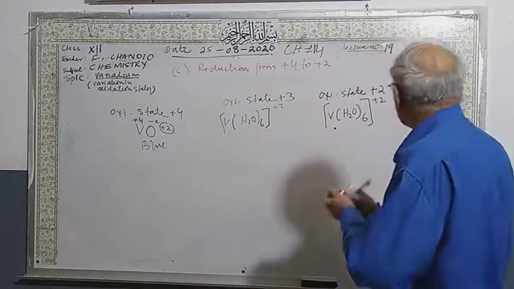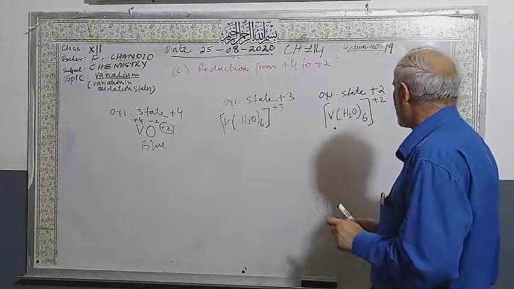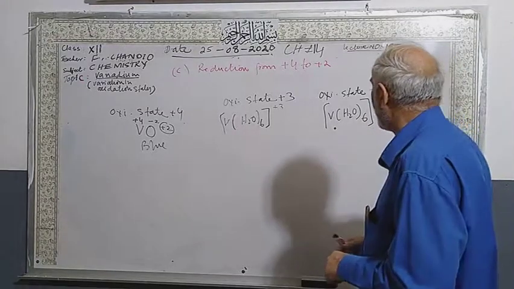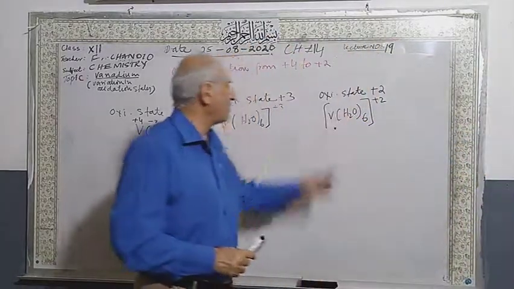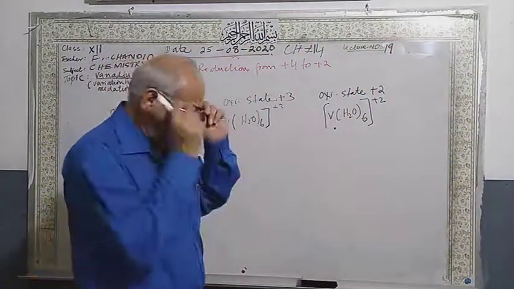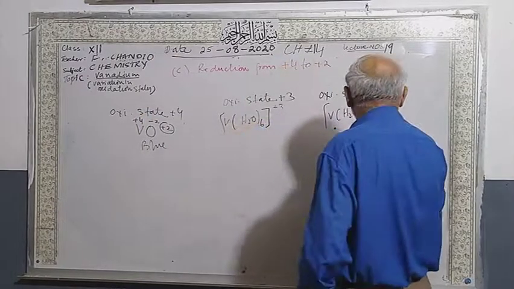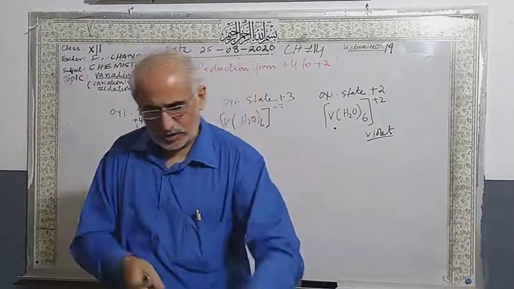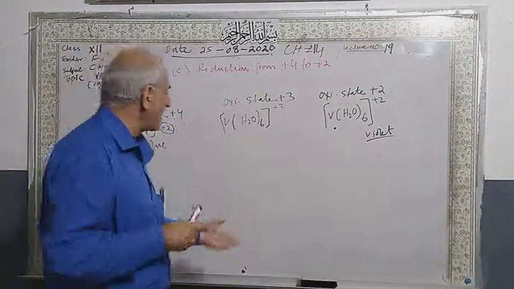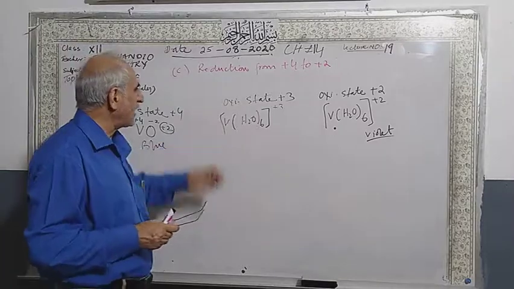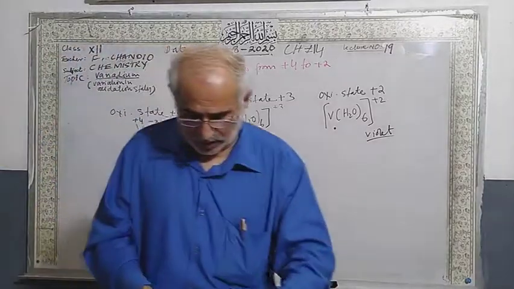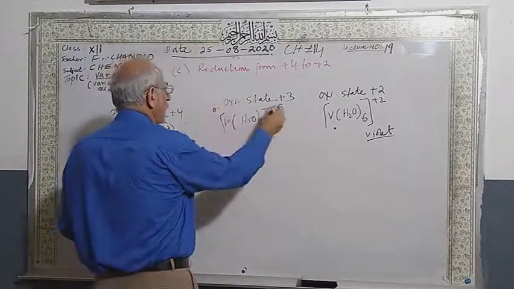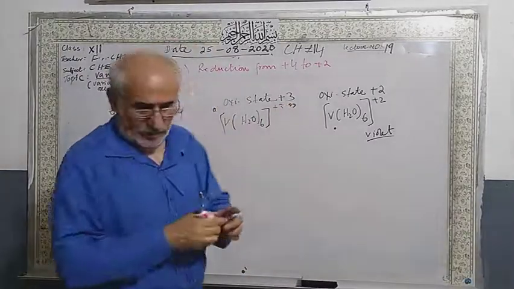And this is the water, which is in a zero oxidation state, neutral, and the positive 2 after the bracket is for the vanadium. And this color is somehow violet. According to your book, the color is shown as violet, and as I told you in the previous section, the square brackets and inverted commas are only for simplification, nothing else.